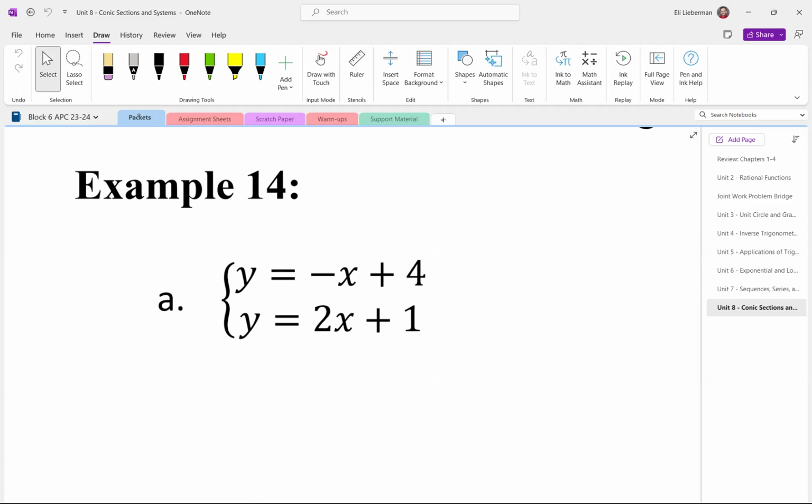The intersection is one common thread. Did you get it? What's the answer? 1, 3. Are we good with that? Okay, let's try one more of these.